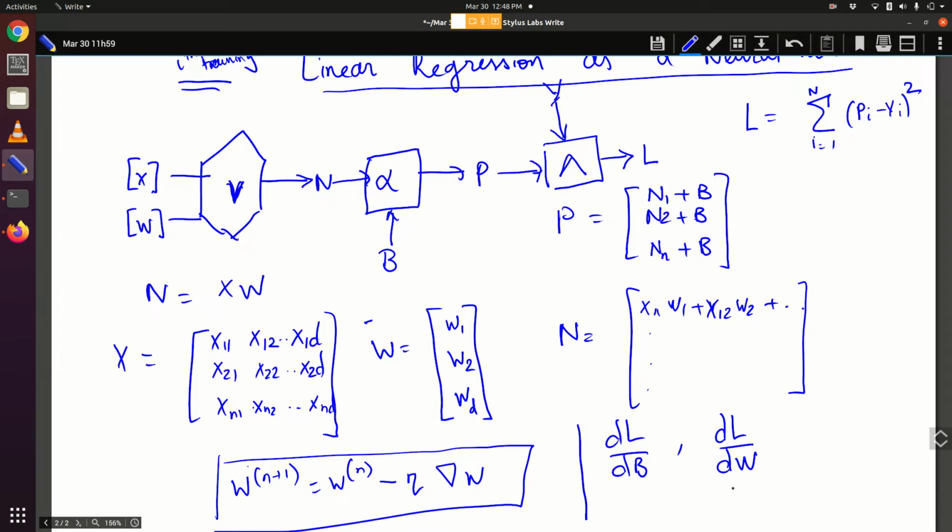Everybody understands why these two are important. I am saying this is also important: dL by dx. Can someone tell me why? First think about it for some time. Don't just tell the answer right away, but ponder it.